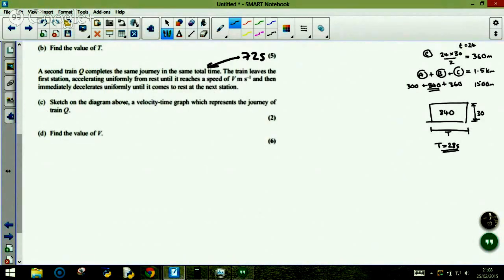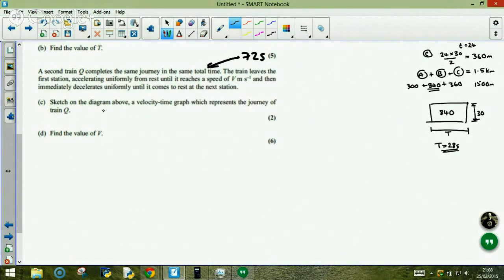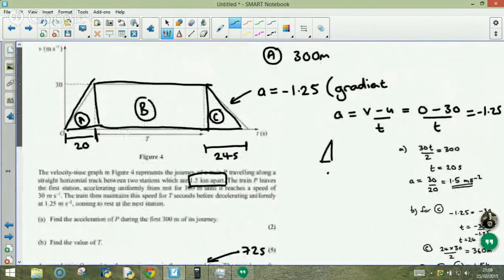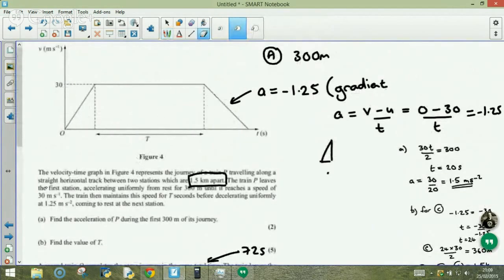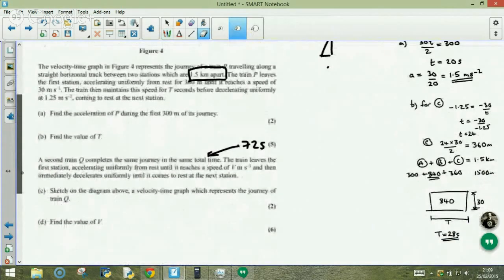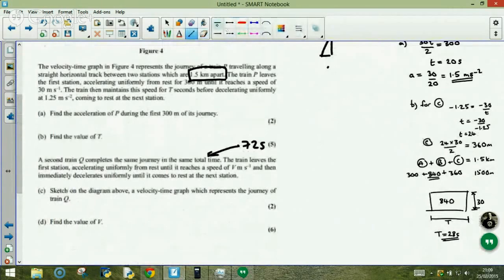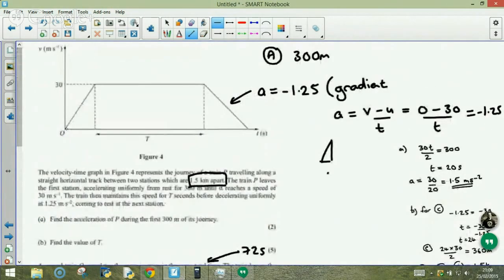Sketch on the diagram above the velocity time graph which represents the journey of train Q. So you don't have to get it 100% accurate, but bearing in mind that it completes the same journey in the same time, it's going to have to start and end at the same point, and it's going to have the same area.